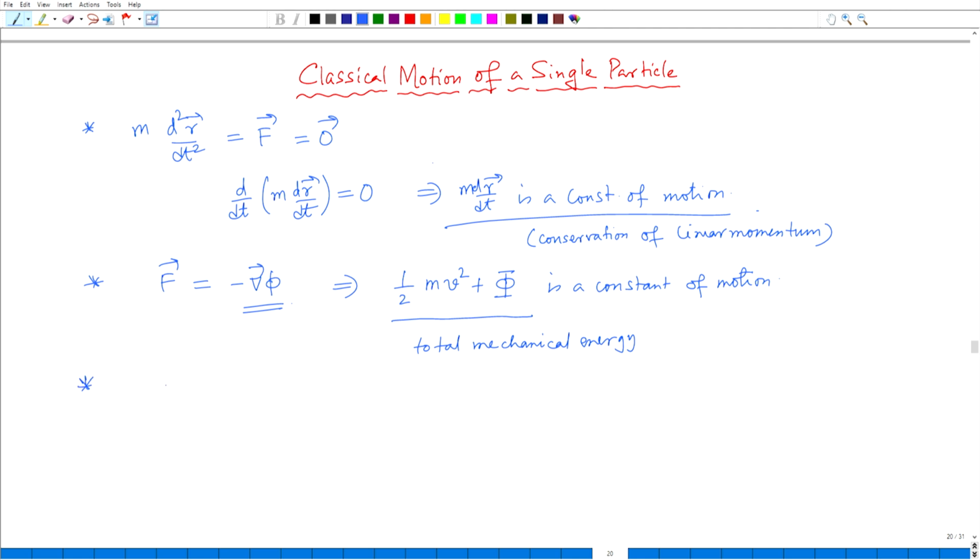Finally, we said that if the force acting on the particle is of such a nature that r cross F is 0, that means the force itself is 0, or even if the force is not 0 but is parallel to r, then this quantity, which we called the torque, is 0. Then dL/dt is equal to 0, and that means that L, or r cross m dr/dt, is a constant of motion.